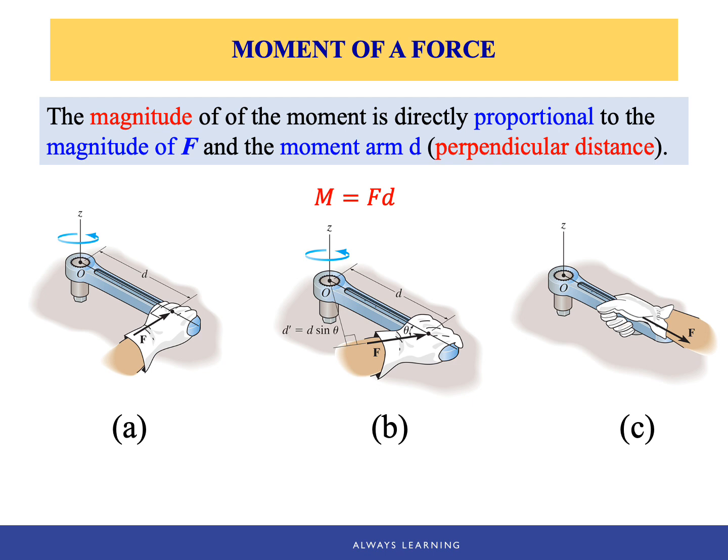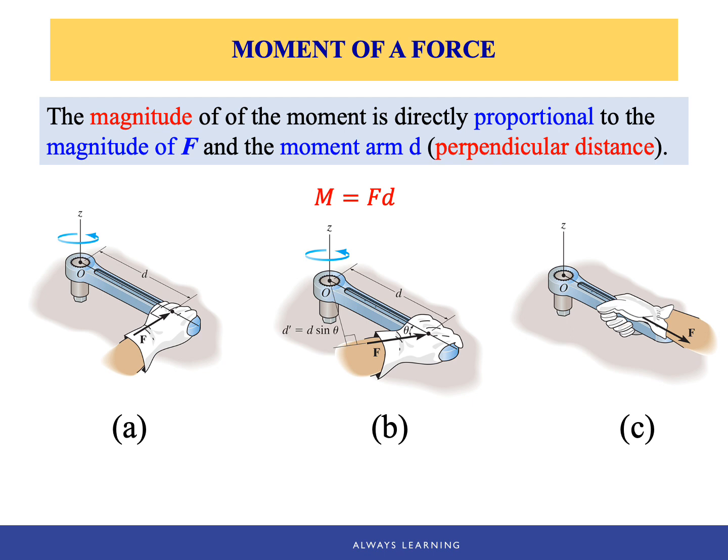Instead, it's defined as the perpendicular distance from the point O to the line of action of the force F. So sometimes to find this moment arm, you need to extend the line of action of the force, so you can drop a perpendicular line and measure the distance between the point O and the perpendicular point here. So in this case, D prime is the moment arm. It equals D times sine theta.